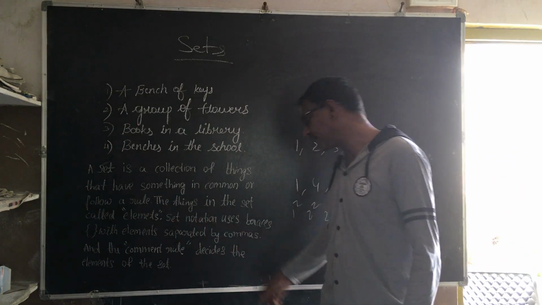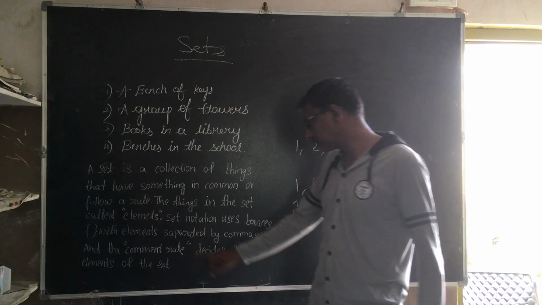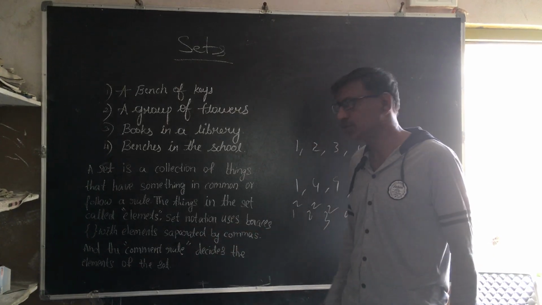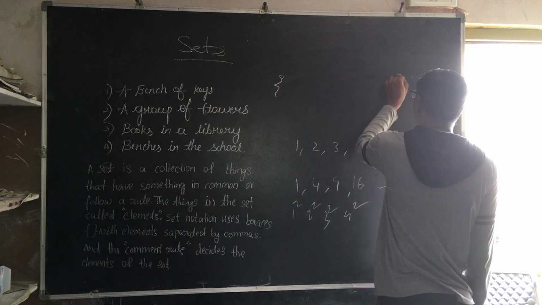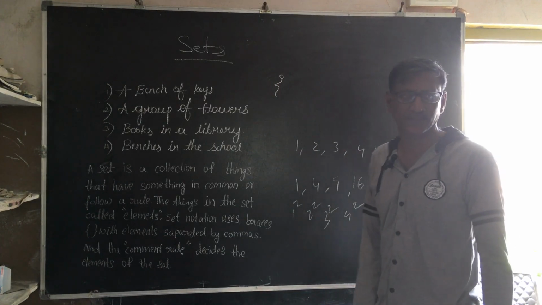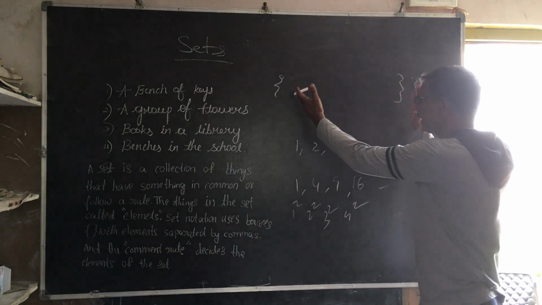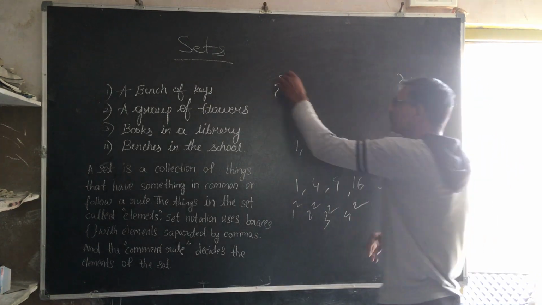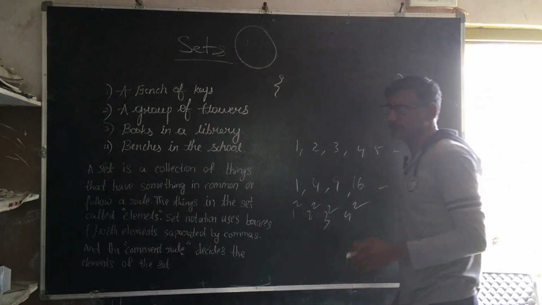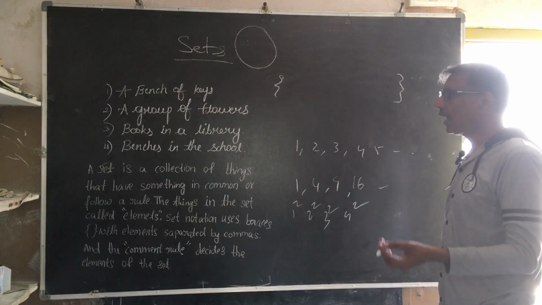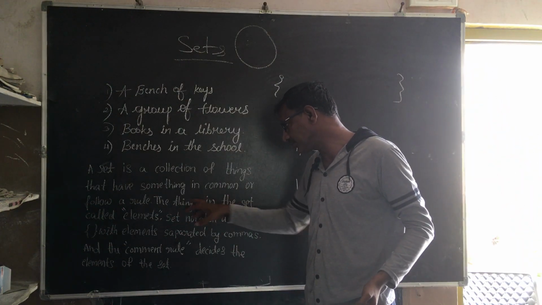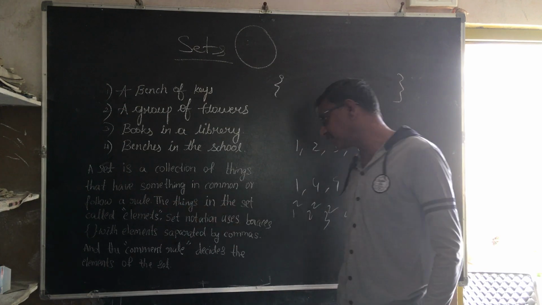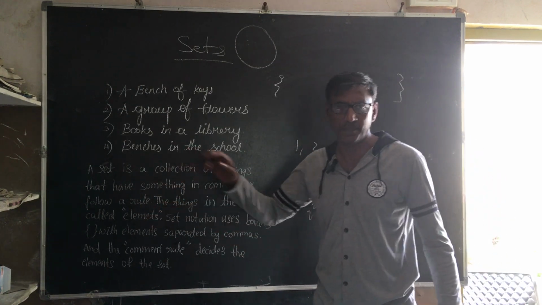The set notation uses curly brackets or braces. What do you call them? Braces. This is my set. Sometimes you can use symbols like this, that is different. And here something common. The things in the set are called elements.